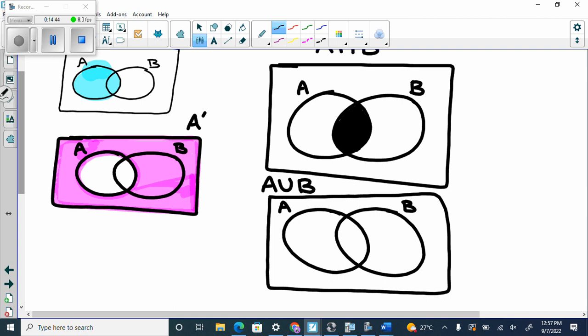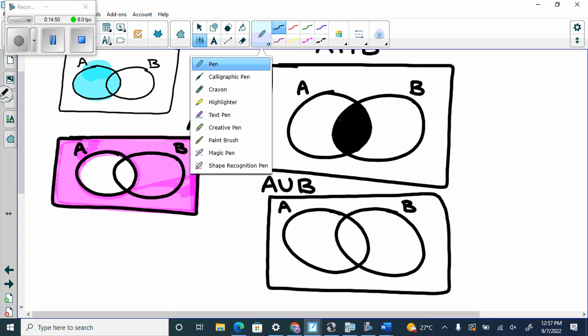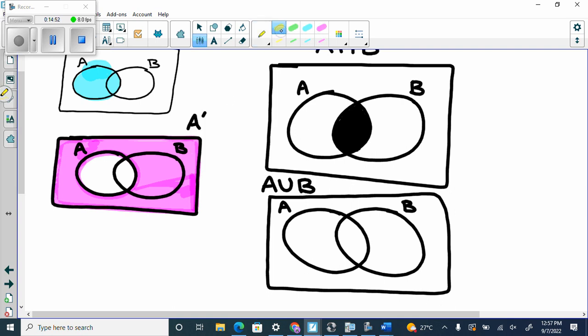Or is everywhere, right? Easiest way to do or shadings is I actually just shade each one separately. So I go like this. Okay, I'm going to shade A in yellow. Pretend that's inside the circle. And then I'm going to shade B in blue.